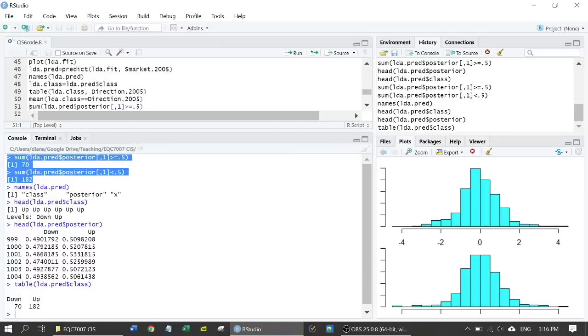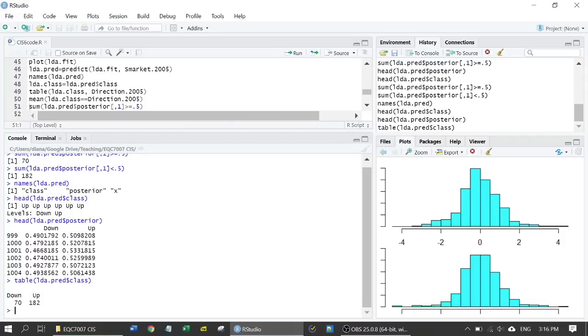So here it is. This book, because I just copied everything from this book, so actually it might be confusing, so I think it is my responsibility to explain it to you, because this is in the book. So basically, if you look at this LDA.pred$posterior, this corresponds to the first column, and the first column corresponds to the down column.